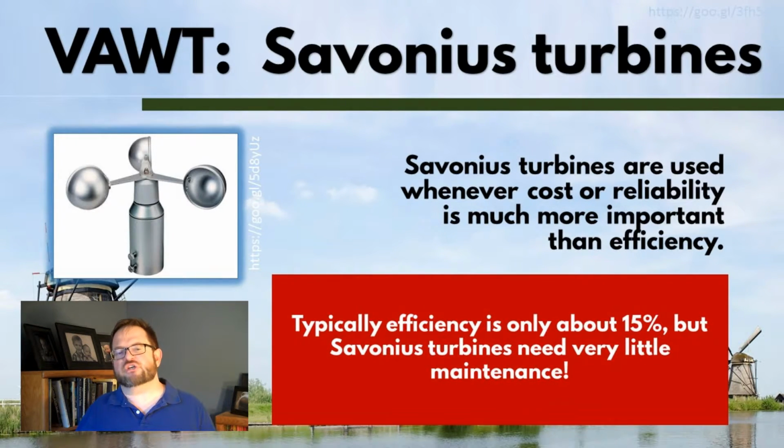This is not a very efficient way to produce electricity. It tends to be the right application where you just need a small amount of electricity off the grid. You're not going to produce enough power for neighborhoods. You're not going to produce megawatts of power using a Savonius wind turbine.